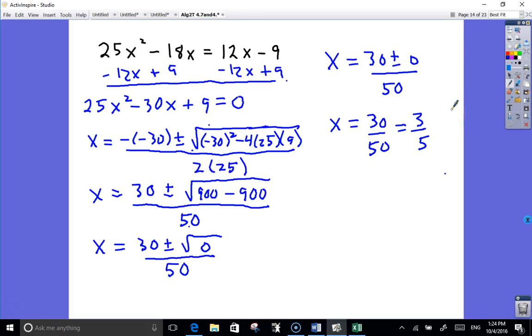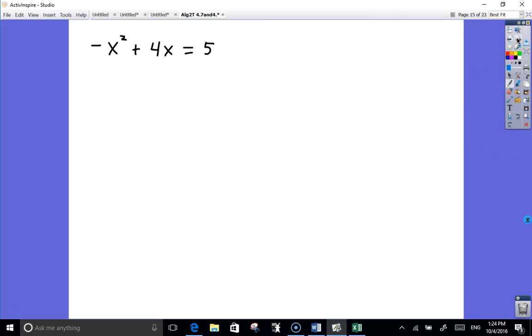Maybe you didn't see it, but it could have been factored. It would have looked like this: 5x minus 3 squared equals 0. And so what are the answers? 3 divided by 5, 3/5. That's how it works. So the first problem had 2 solutions, real. That one had 1 solution, real.